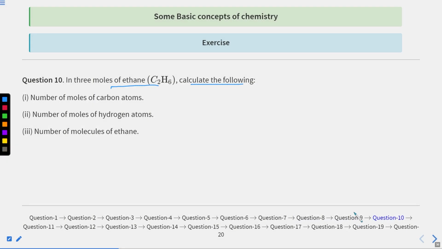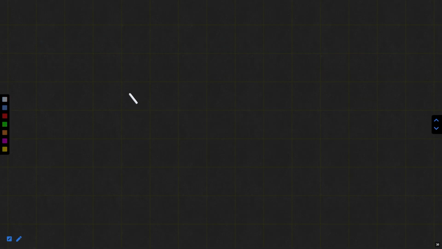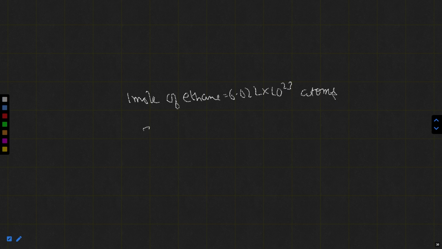Next, number of molecules of ethane. So we know that 1 mole of anything, whether we take ethane, methane, molecule or atom, will contain 6.022 into 10 to the power 23 particles. So 3 moles of ethane will contain 3 into 6.022 into 10 to the power 23.